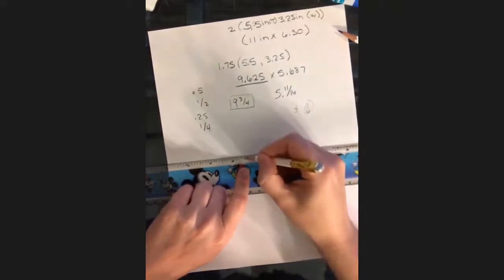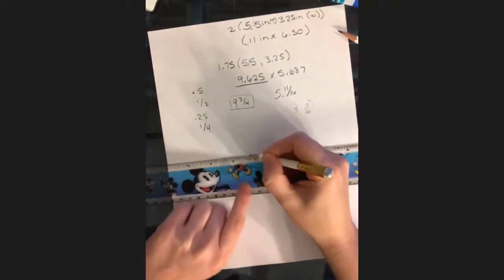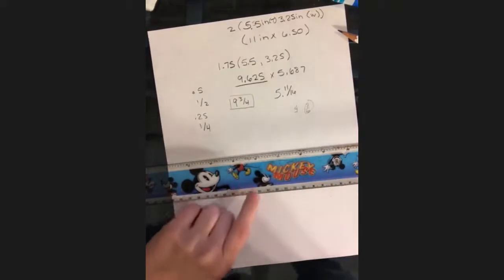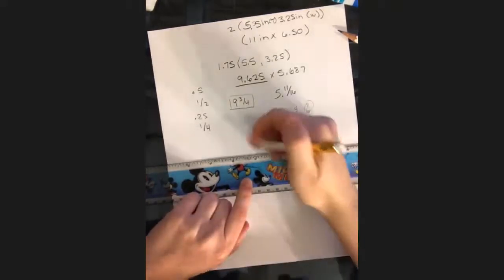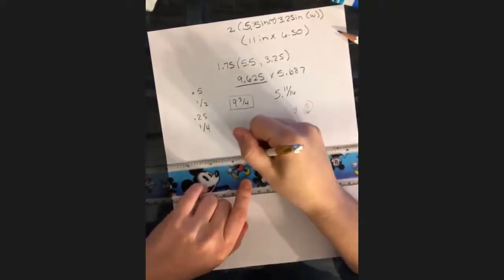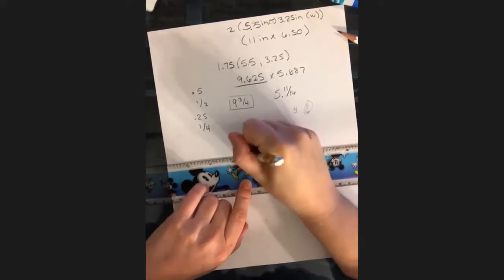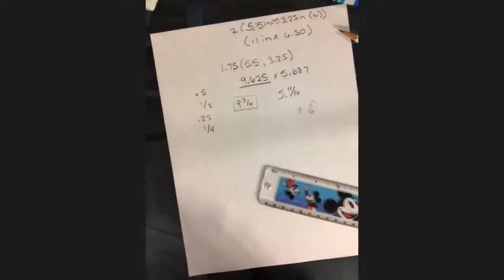So 8, 9, 10, 11. Okay, so it's 1 under the 0.75. 8, 9, 10, 11. So right there. So that's if you want to be super precise.